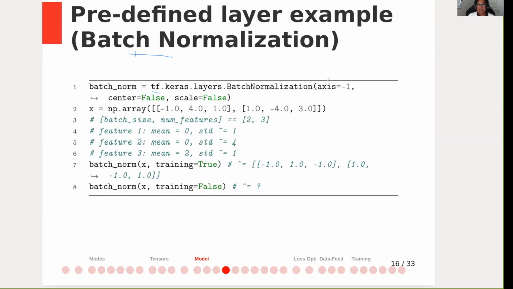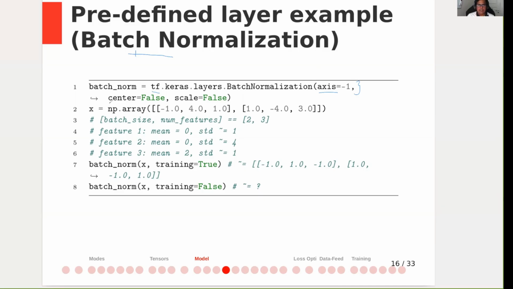There are several arguments you have to specify. The first argument is along which axis you want to do the normalization. It is typically the last axis, the channel axis, and you normalize the batch over all other axes.